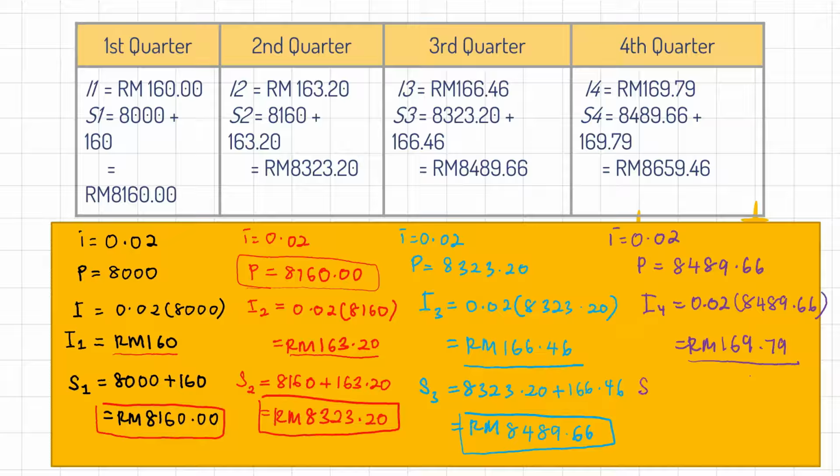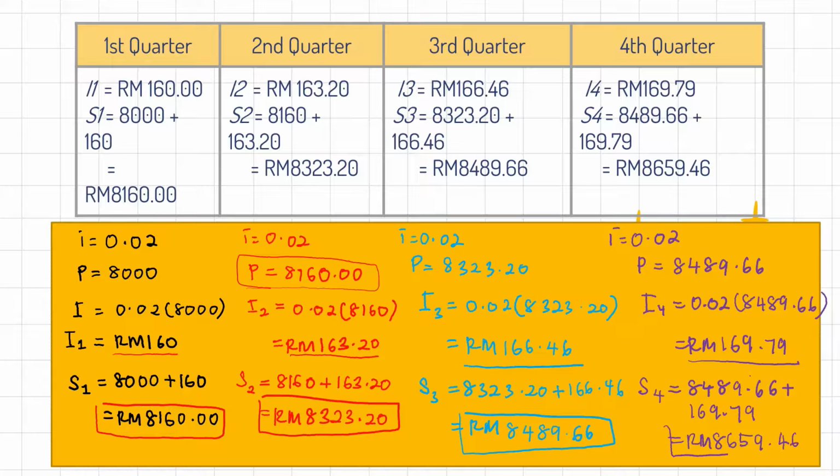This is the interest in fourth quarter. Let's find the amount of money in the fourth quarter. So it will become 8,489 ringgit 66 cents plus 169 ringgit and 79 cents. Total up, it will become RM8,659 and 46 cents.